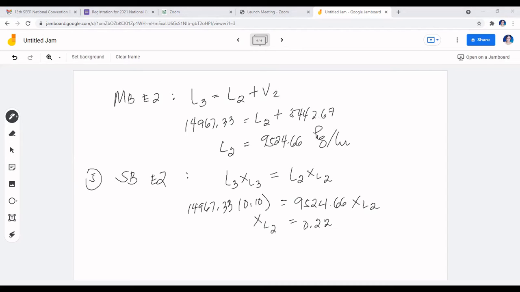To determine the BPR of each effect, you need the solid content of the liquors in each effect. That is the very reason why, before this step, you need to determine the XL, or in this case the XF is already given. So you need to determine the XL for effects 1, 2, and 3.